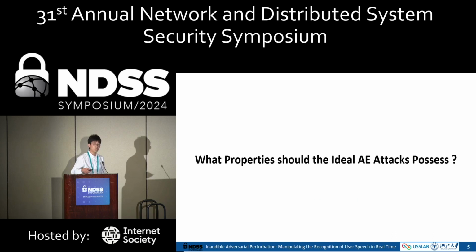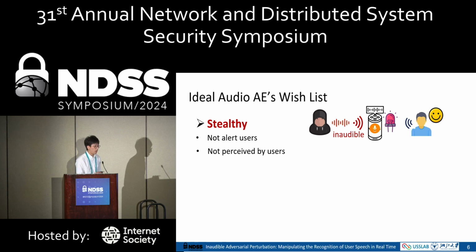So in this work, we want to explore what properties the ideal AE attacks should possess. First, the attack must be stealthy to avoid alerting users or being perceived by them.